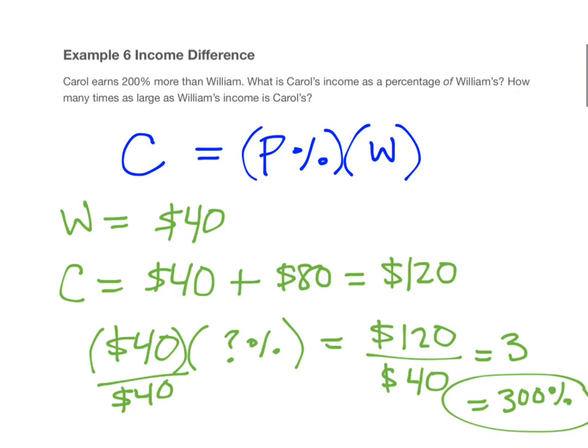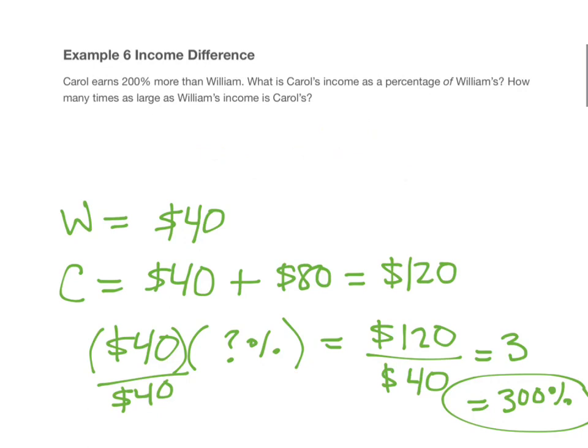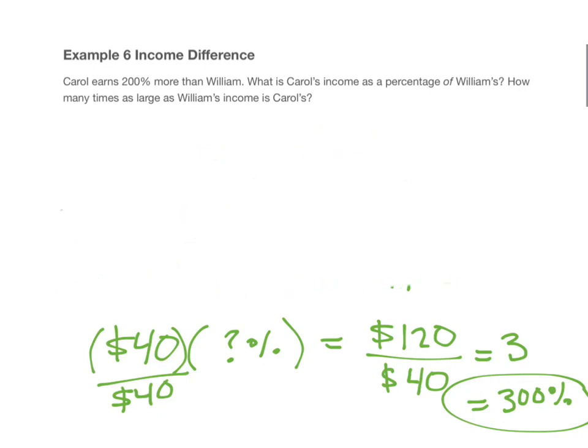Now there is a way to figure this out without choosing specific numbers, and this explores the general connection between more than and of. Whenever you know a more than percent, like 200%, we can always figure out what the of percentage is. So she earns 200% more than he does.